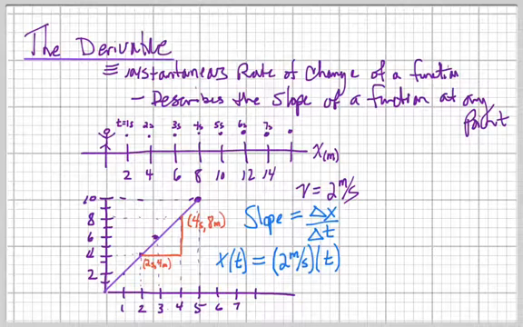Say we're right here at 2 seconds and 4 meters, and up here we take another point at 4 seconds and 8 meters. We know that slope is delta x over delta t, which is our change in position over change in time. But we can rearrange this to give us our slope, which is 2 meters per second, times our time is going to give us this function of his position in regards to time.